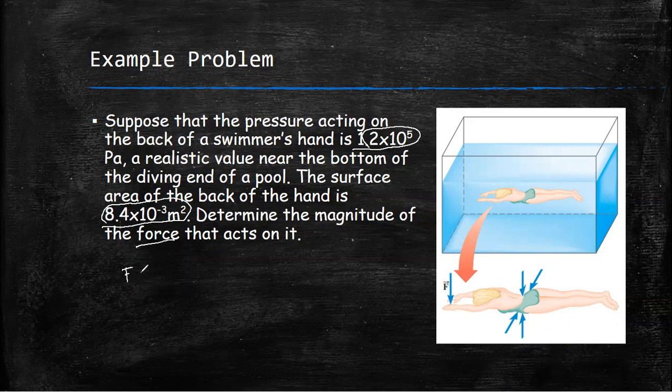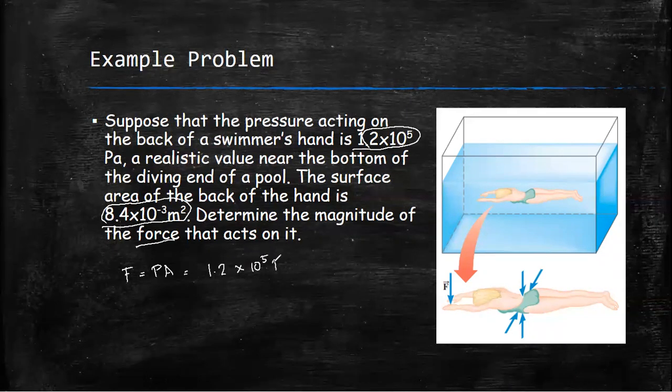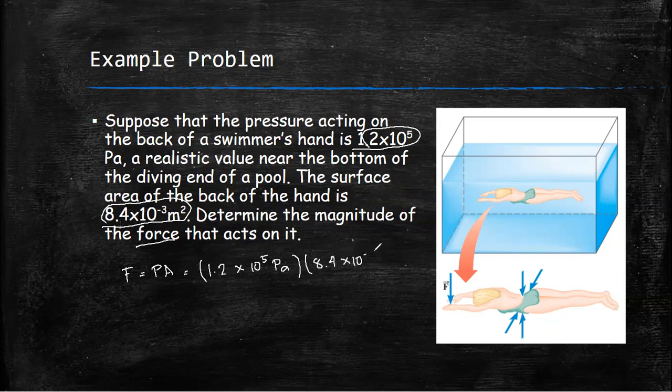So force is equal to pressure times area. The pressure is equal to 1.2 times 10 raised to 5 Pascal. The area is equal to 8.4 times 10 raised to negative 3 square meter.